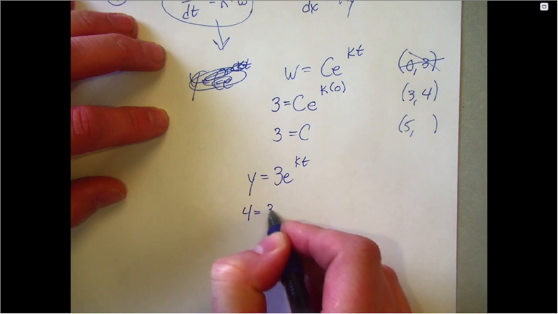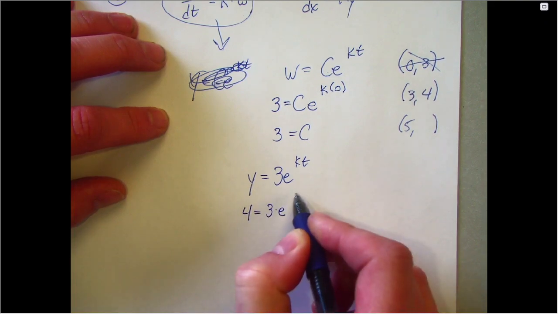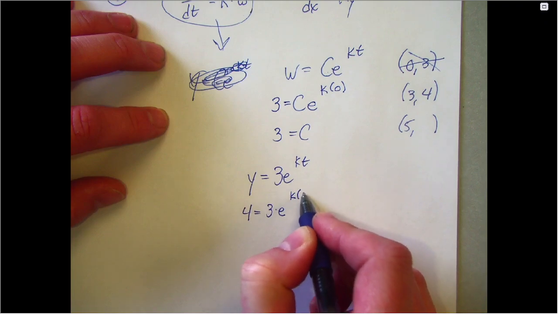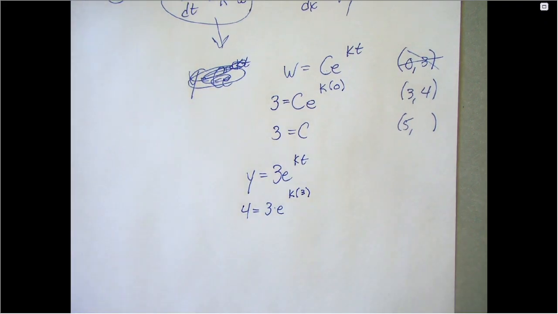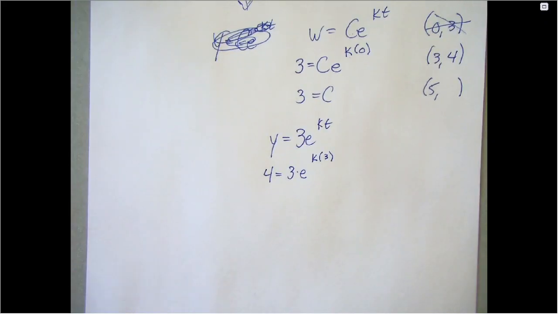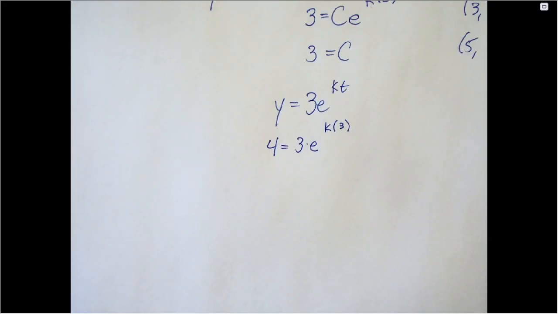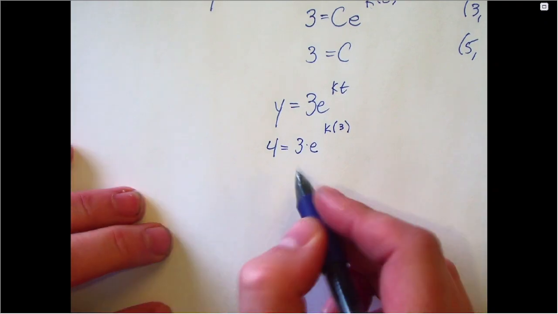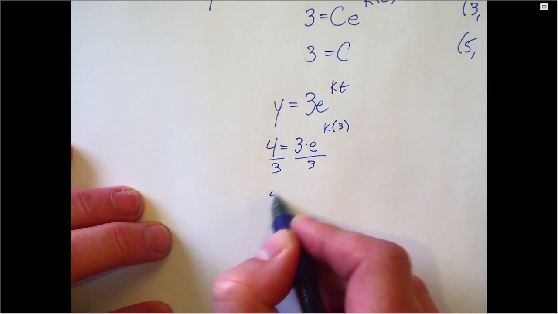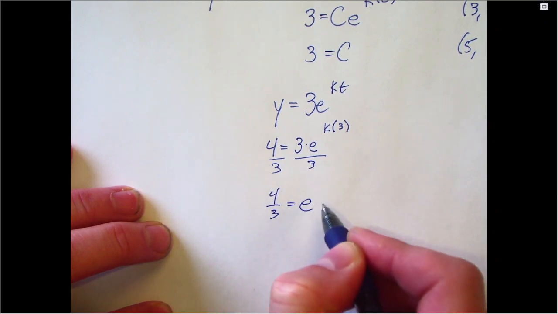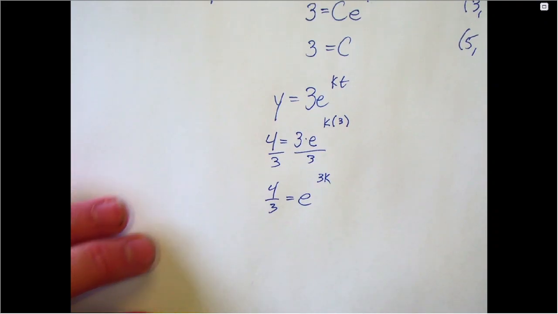So 4 equals 3 times e to the k times 3 power. My objective here is to solve for k. You're going to need your calculator. I can divide both sides by 3. So 4/3 equals e to the 3k.